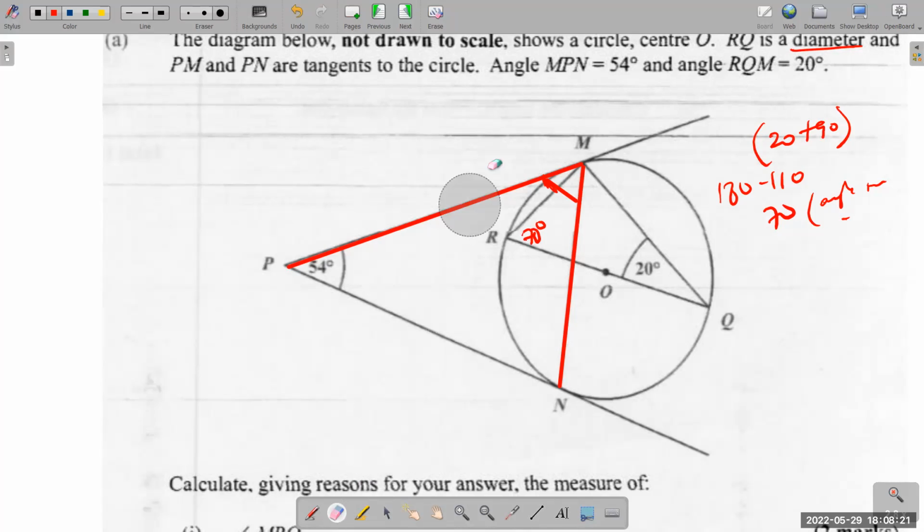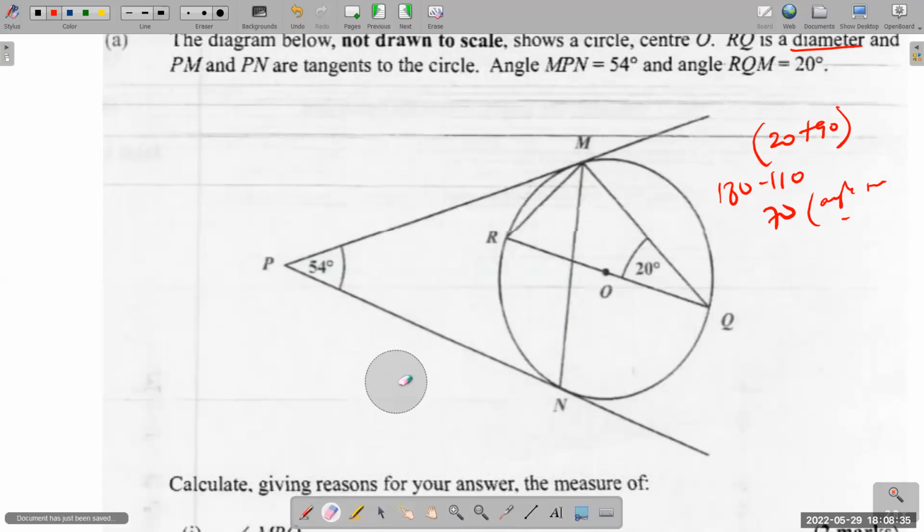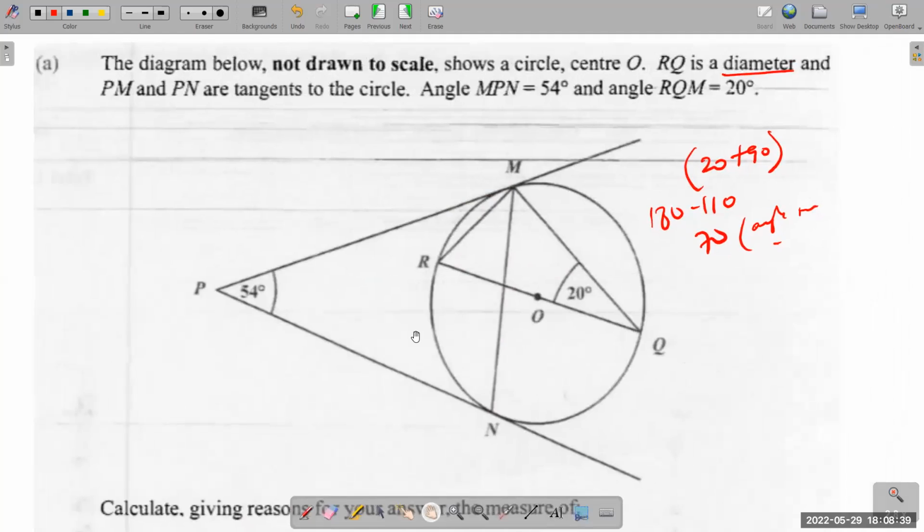Let me erase this so you can see what you're looking at. Why do you think it is 45? Where do you get external and internal from?